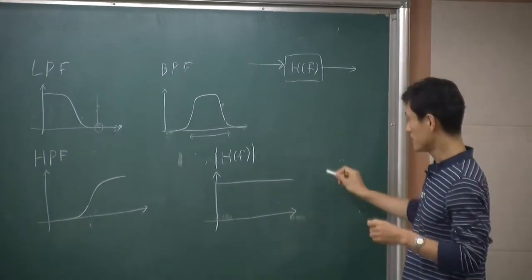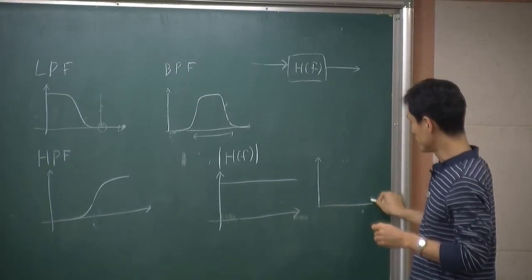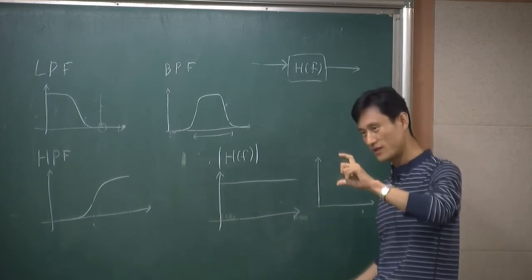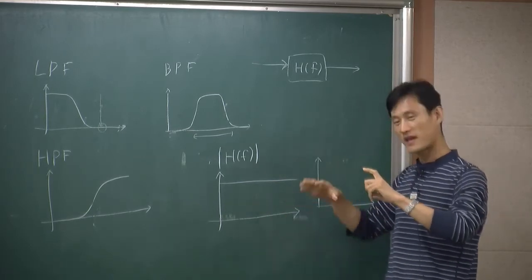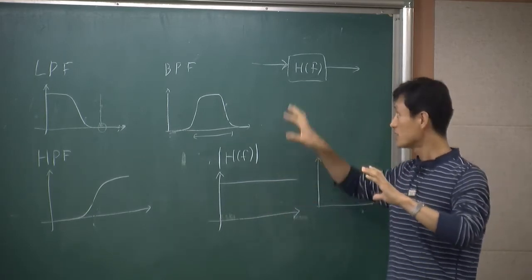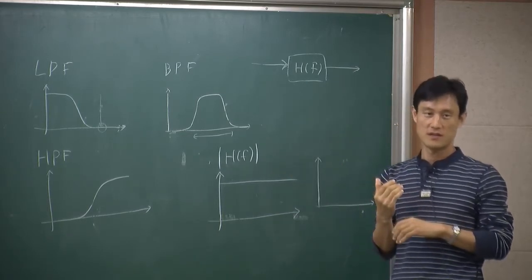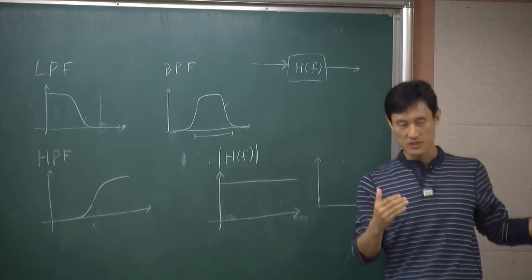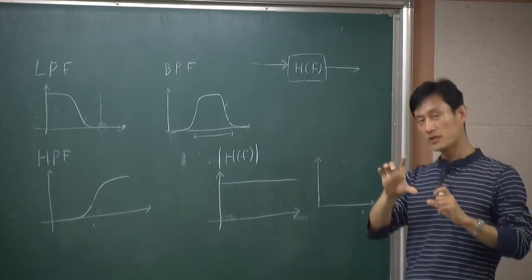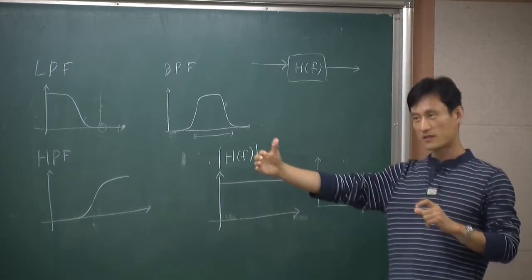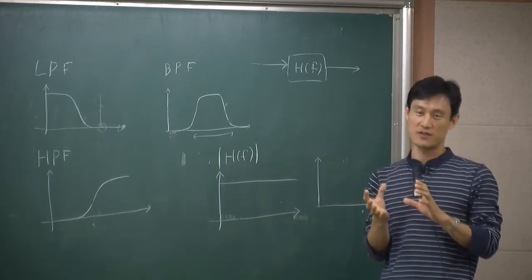The reason is that the magnitude may be the same, so you just pass it. However, this filter will change the phase of your input signal. The input and output signal magnitude or amplitude is the same, but now the phase is different.